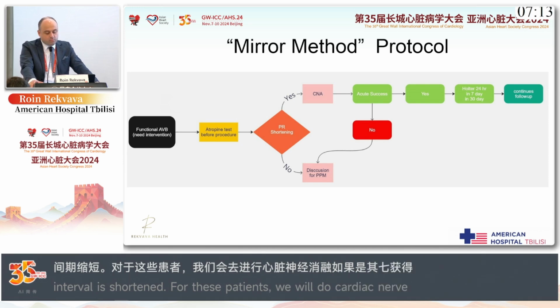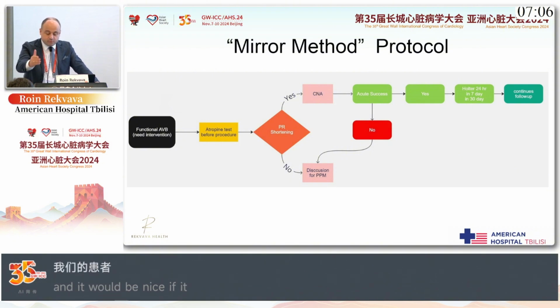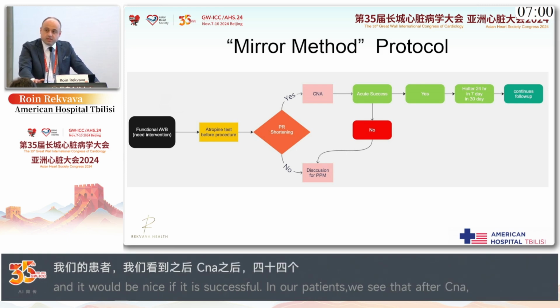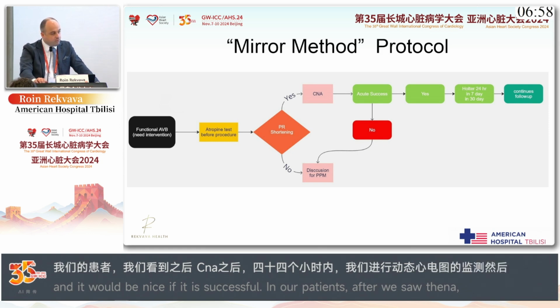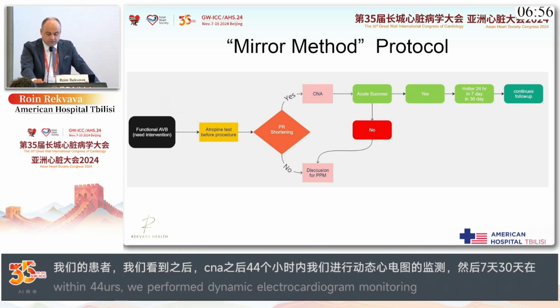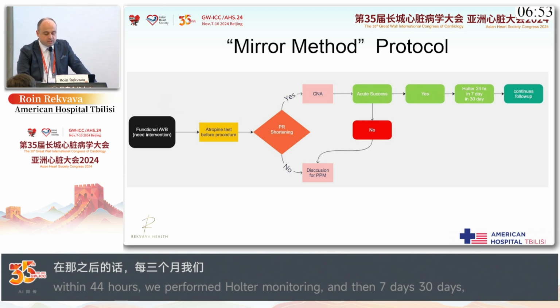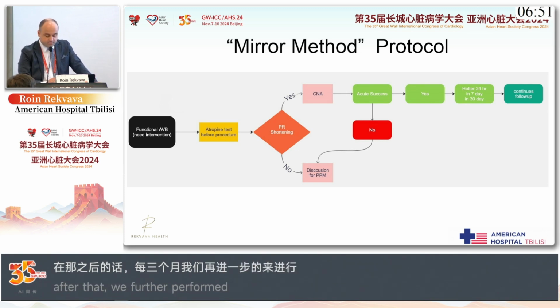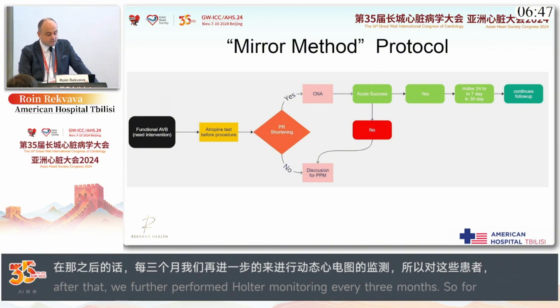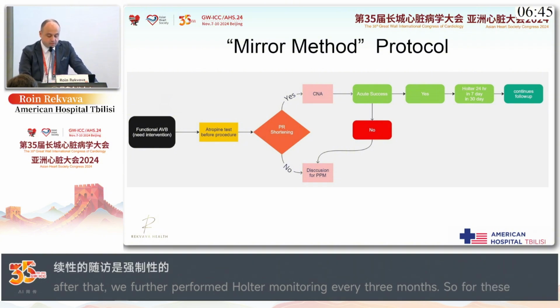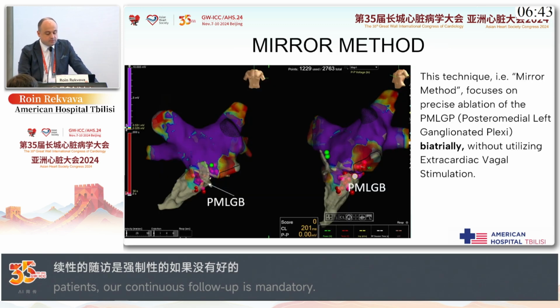We perform Holter monitoring 24 hours after CNA, at 7 days, at 30 days, and every 3 months, with continuous follow-up. It's very mandatory here. If not, and we do not have a good success rate, we put in a pacemaker.